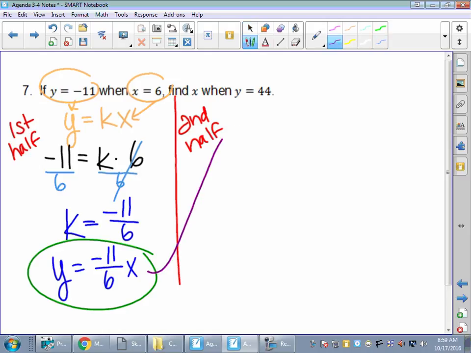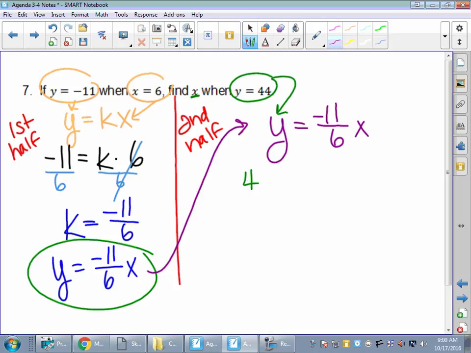Second half, I'm going to bring that up and start with y equals negative 11 sixths times x. This time it wants me to find x. So x stays a variable when y is 44. So 44 equals negative 11 sixths times x. I know you know how to solve this, right? We're multiplying these two things, so you divide both sides.